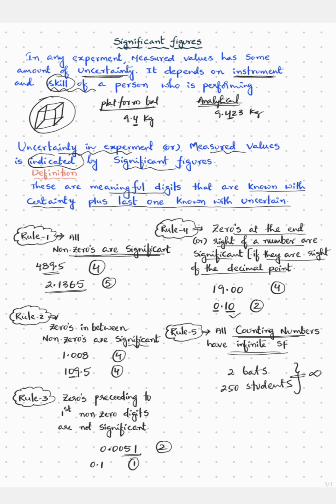And we have another rule, that is rule 6. Now I have taken one number, let's say 100. It does not have any decimal point, and these zeros are to the right side of the 1. So these zeros you can consider as significant, or maybe may not.